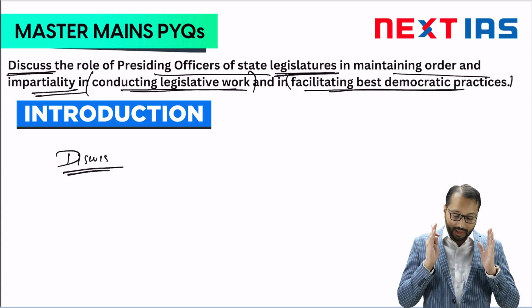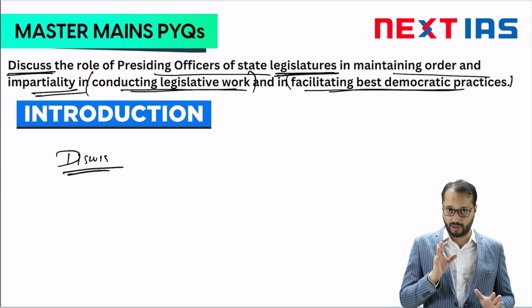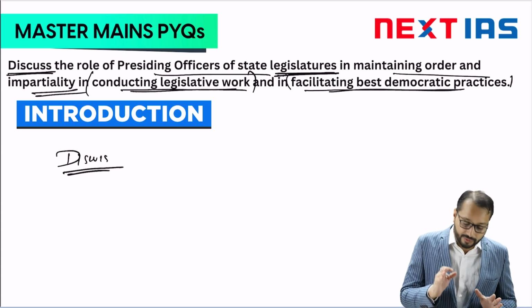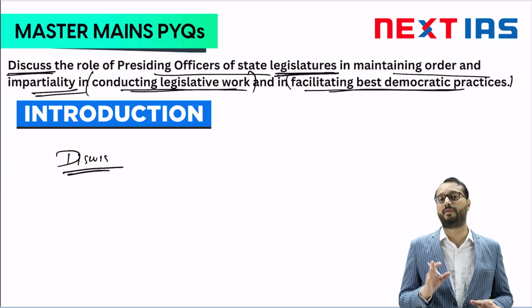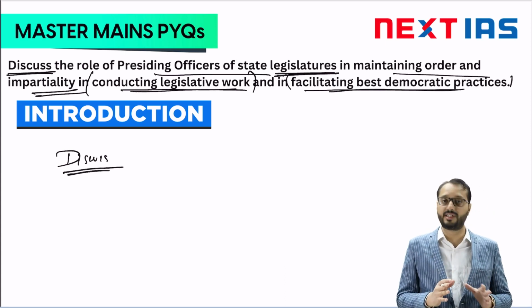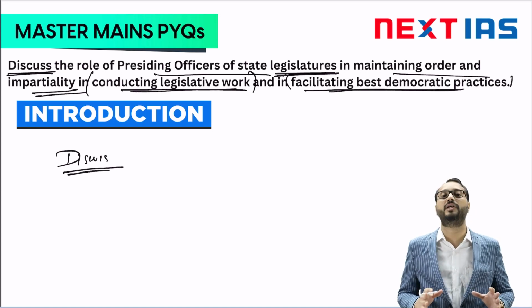So it is specifically talking about these two aspects of their role. As far as discuss as a directive is concerned, it entirely depends on the context of the question.